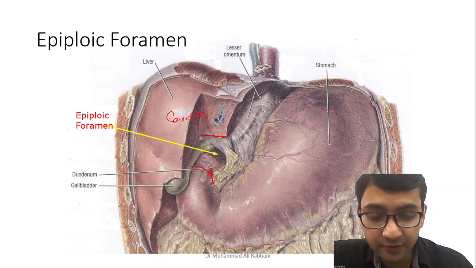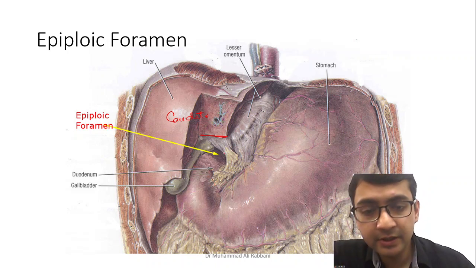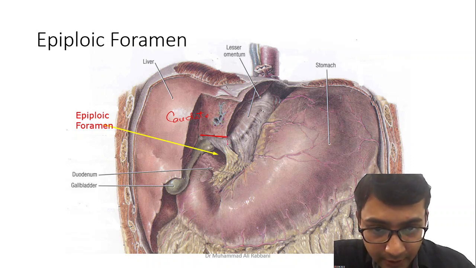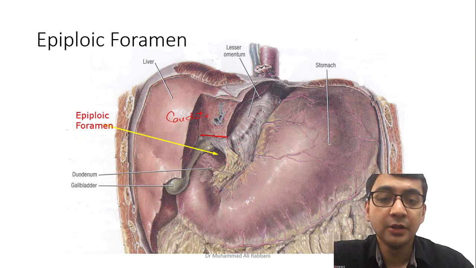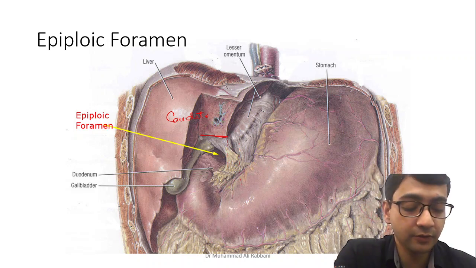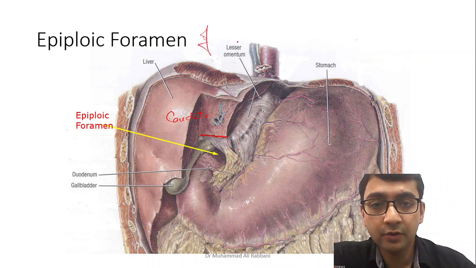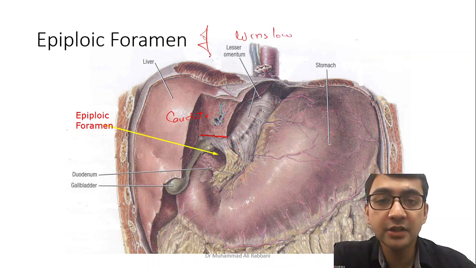In the posterior aspect, it is not very clearly shown, but behind this runs the inferior vena cava. So these are the four boundaries of the epiploic foramen, and it is also known as the foramen of Winslow.